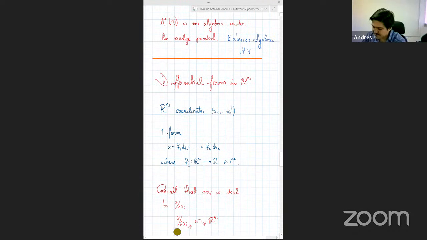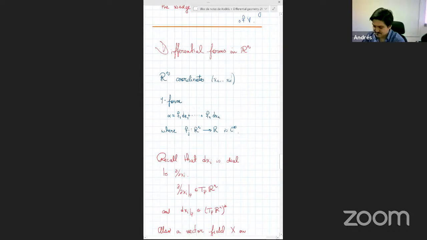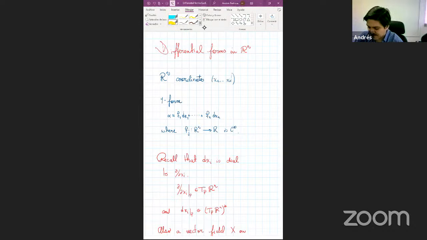So this is a derivation or a vector, and this is a vector space. And then the way that we define this is as the dual. Okay? So sometimes they call this a covector because it's in the dual. But that's how we should think of this. So this is an element of this vector space, and it is the dual to this one. So far so good?